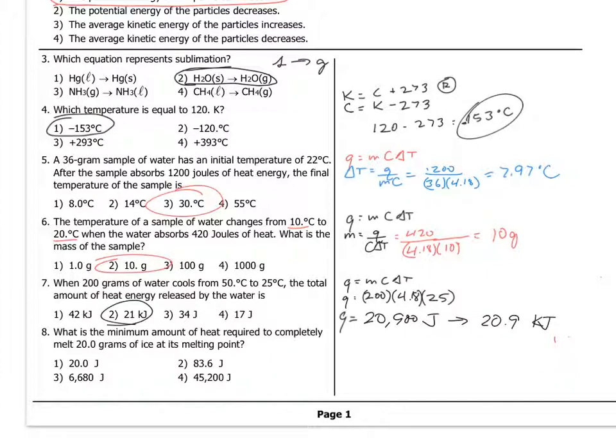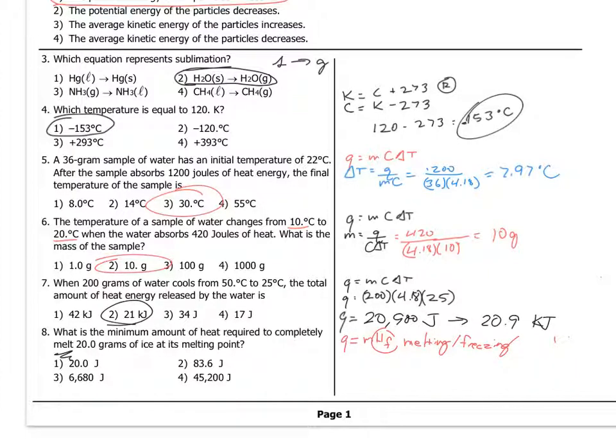All right, number 8. What is the minimum amount of heat required to completely melt 20 grams of ice at its melting point? So when they use the word melt, they are signaling to me that I'm going to use the equation Q equals mHf. Hf is for melting and freezing.